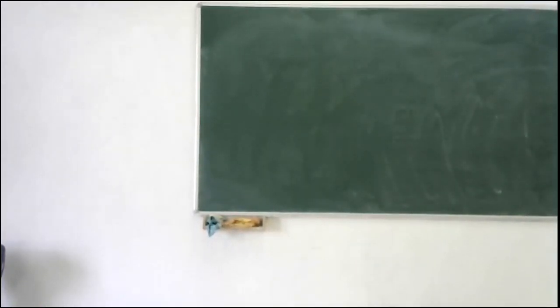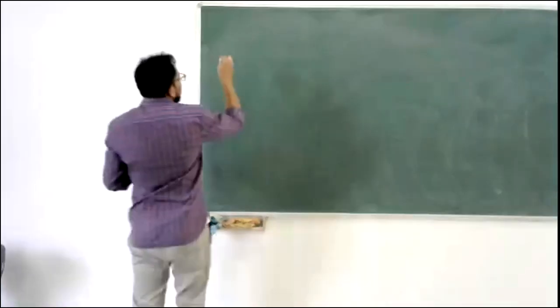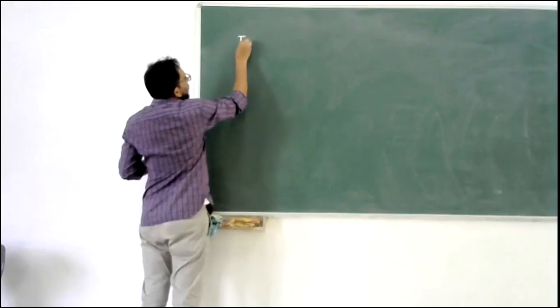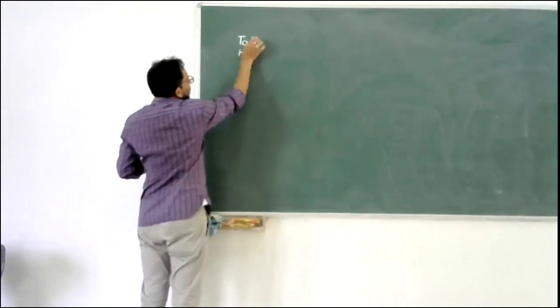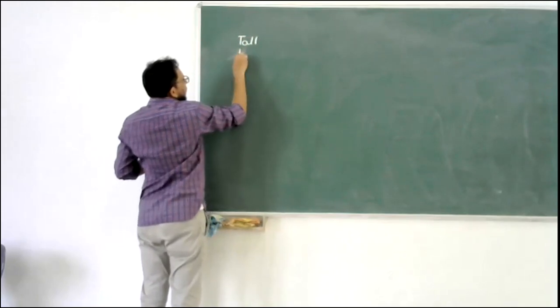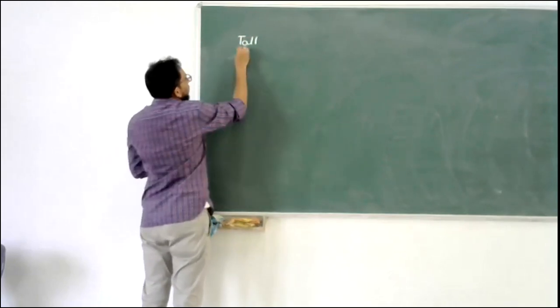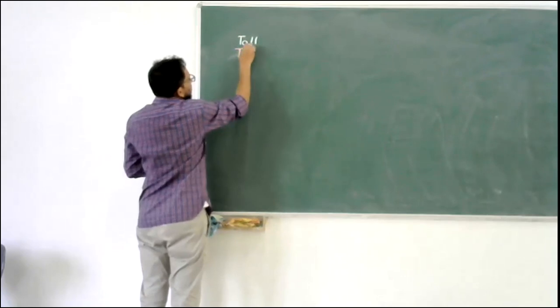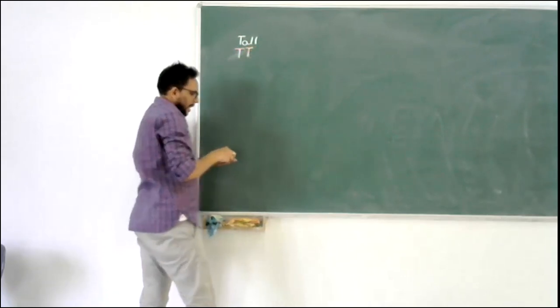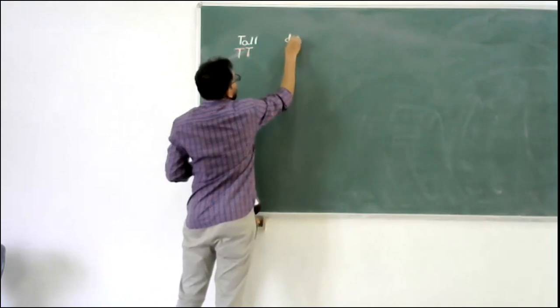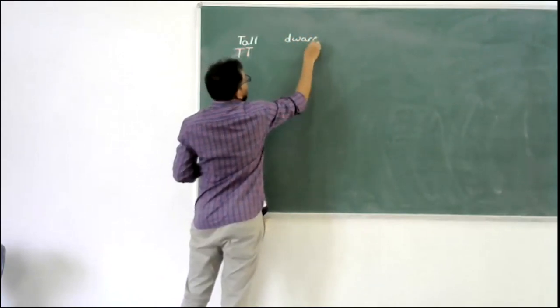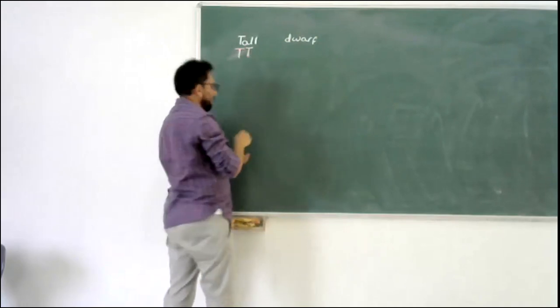Let's try and do this part here. Okay, so we have a tall plant, that is again homozygous tall, so that is capital T capital T, right? And then we have the short plant or dwarf plant. I hope you can see this.